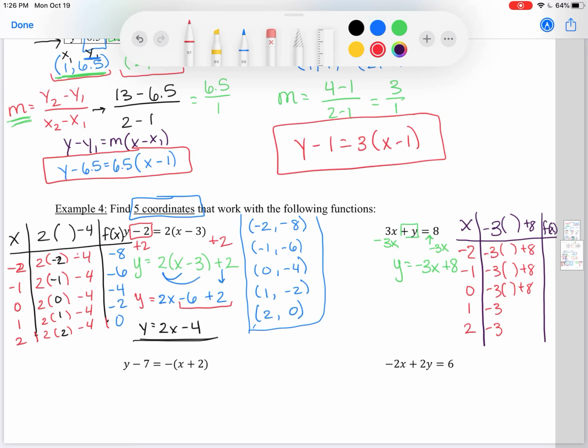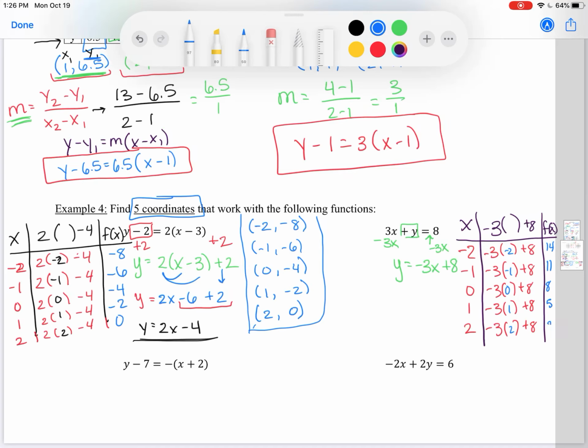Plug in your 5 values for x. Use that calculator if you need to. Please use it. You have it, so let's use it. And then we will plug in our x values for each one.